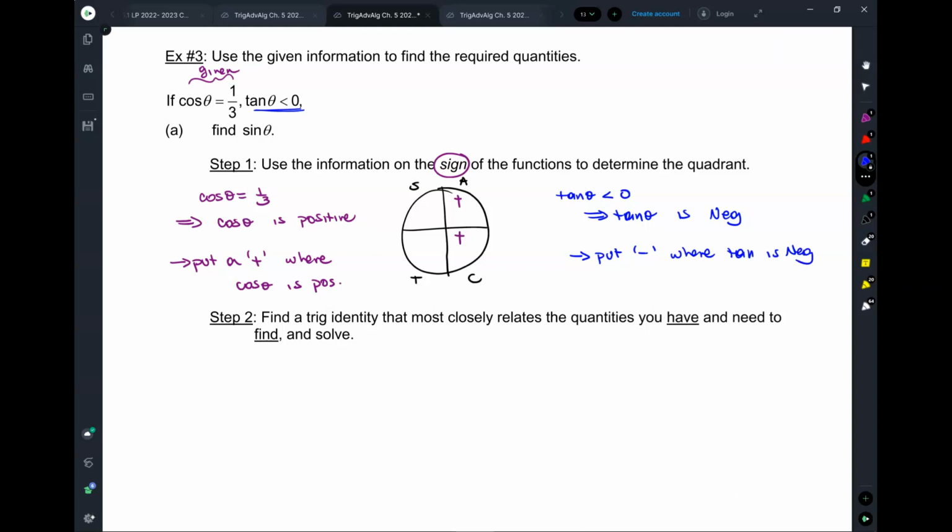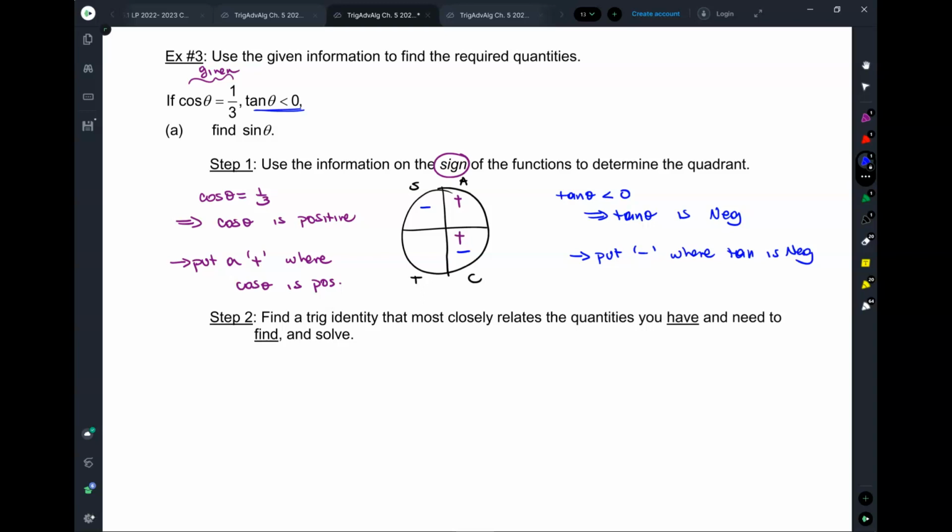Where is tangent negative? Is tangent negative in the first quadrant? No. In the second quadrant? Yes. In the third quadrant? No, tangent is positive there. So the way I think about it is, tangent is positive in the first and third, and negative in the other two.